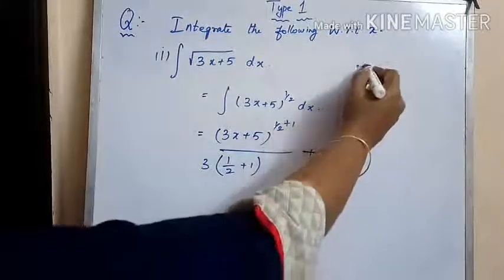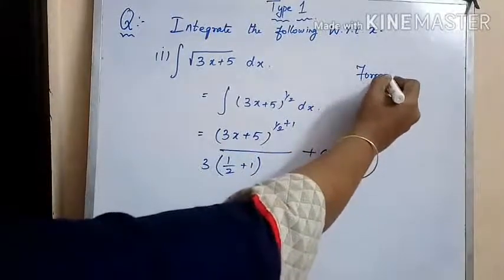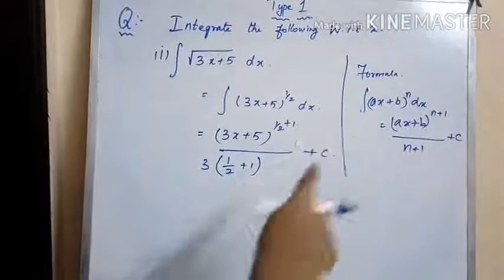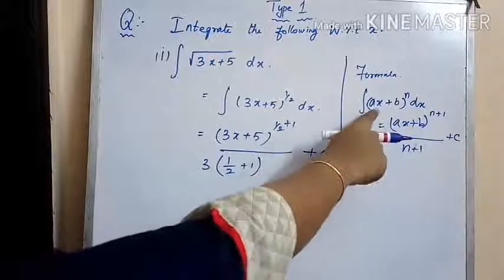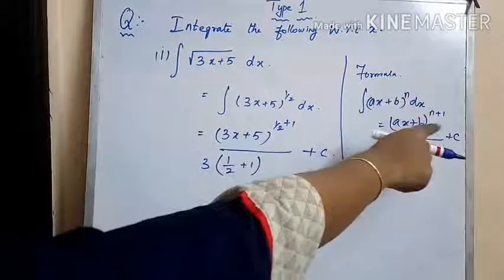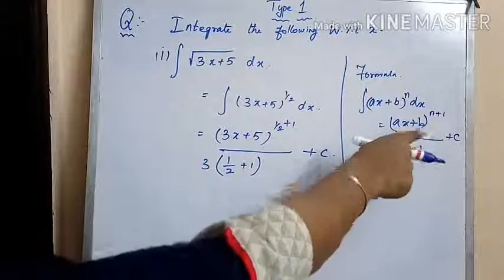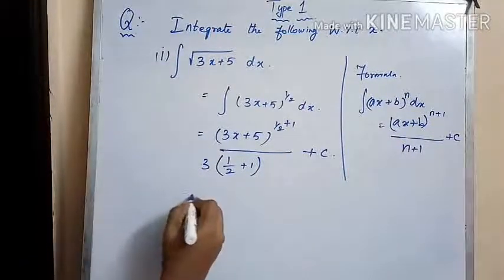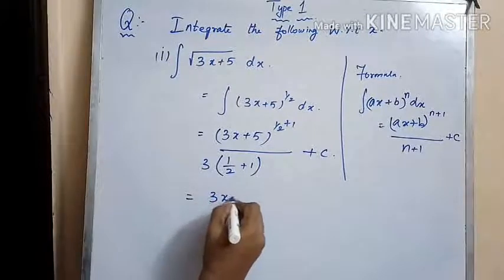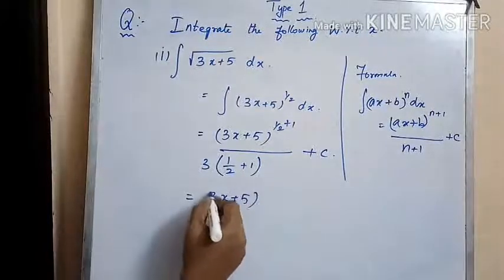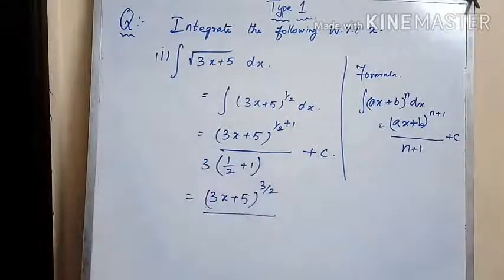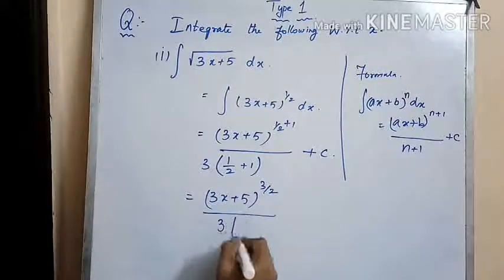Let's highlight the formula here. So using this formula we are integrating this problem. So after simplification we get 3x plus 5 whole to the power of 3 by 2 divided by 3 into 3 by 2.